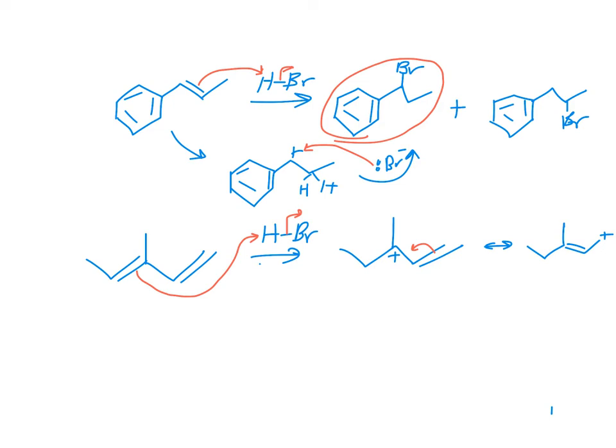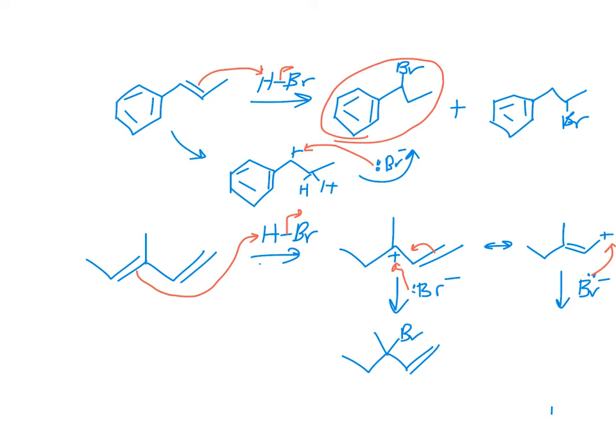All right, so then in our second step, bromide can react with either end of this allylic carbocation. So it can react at this end to give us, I'm going to put these both up on this side, this product, or it can react with the other end of the allylic carbocation.